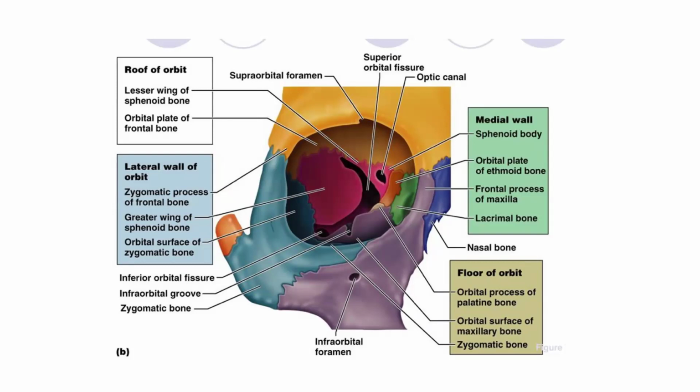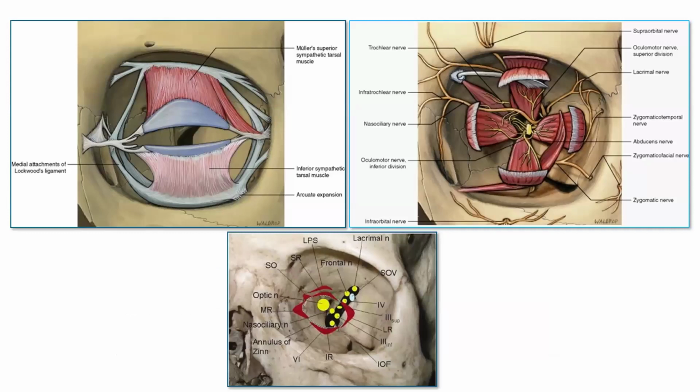It is not only important to know the osteology of orbit, but it is of even more importance to know the soft tissue components of the periorbital and orbital region. What I mean by soft tissue components is the periorbital muscles, eyelids, tarsal plates, suspensory ligaments, and their attachments. When I say orbital soft tissue, it includes the orbital septum.